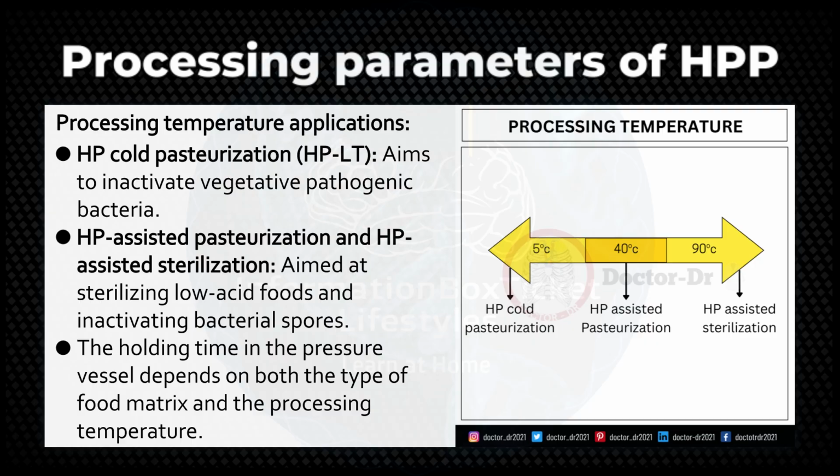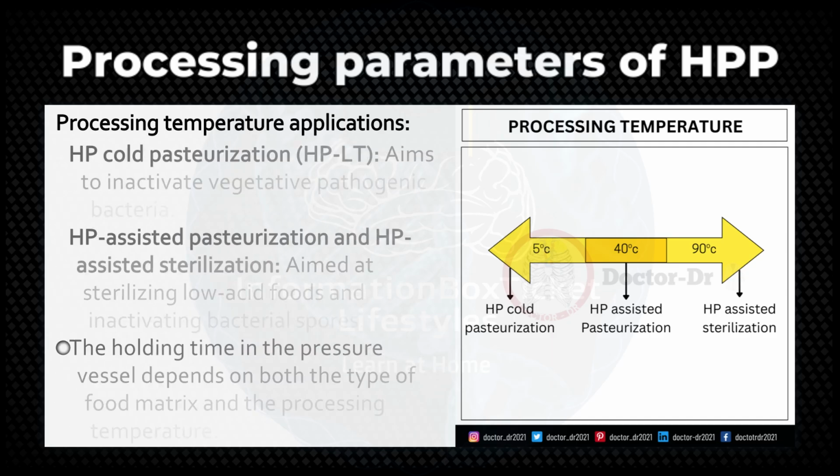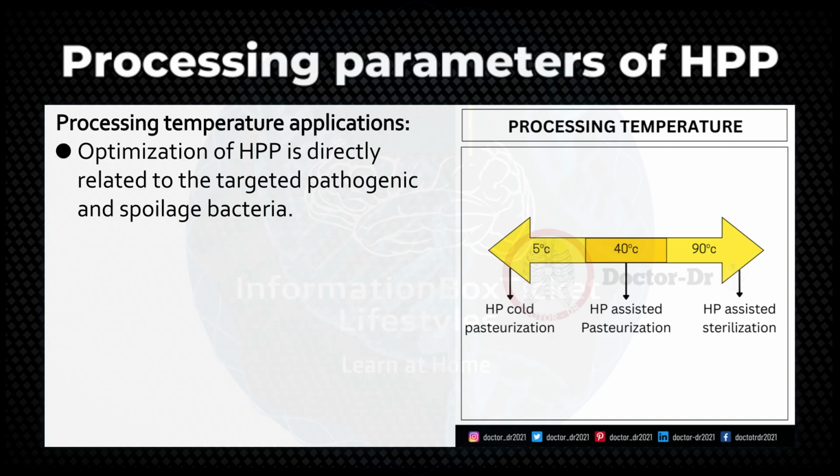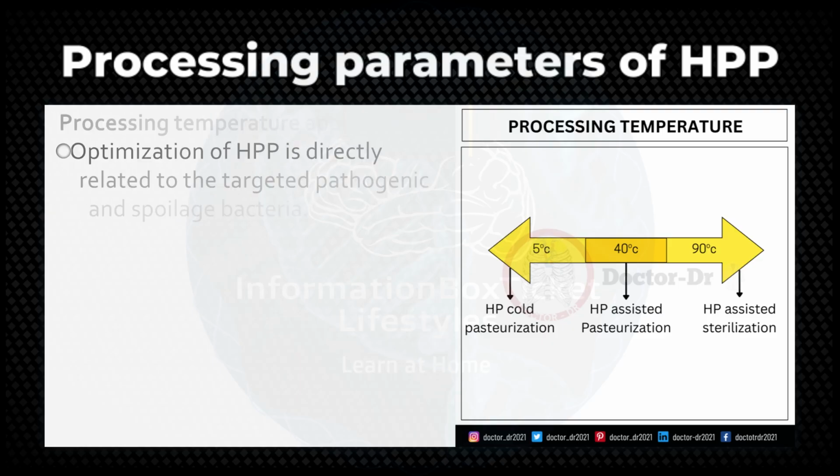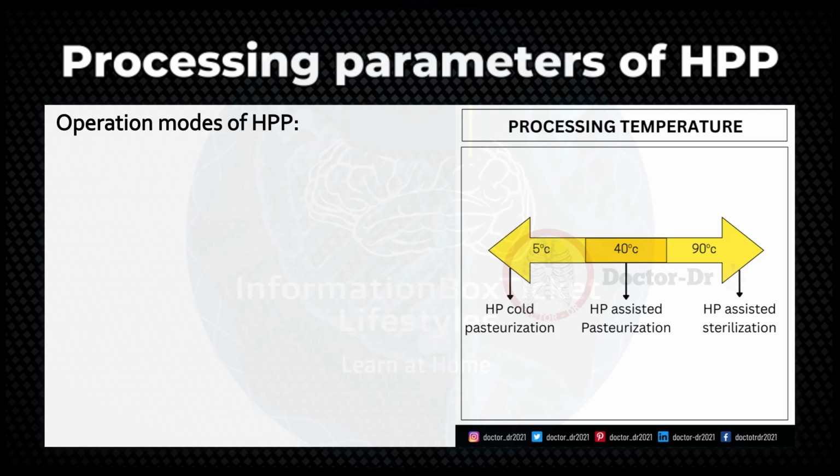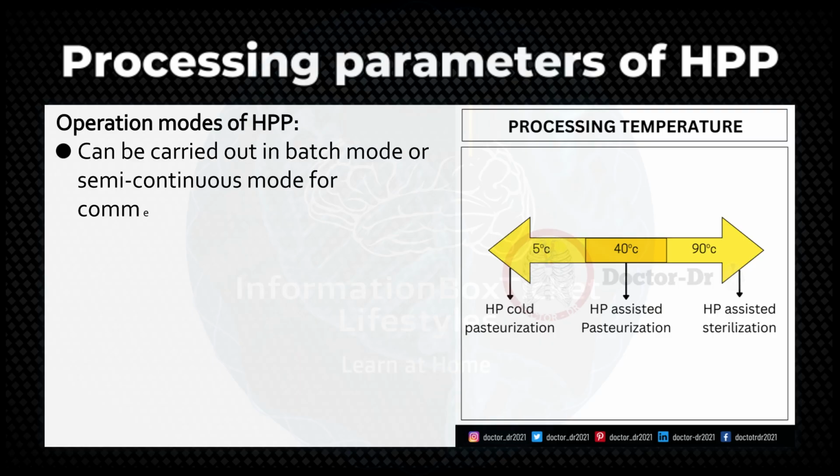The holding time of the pressure vessel depends on both the type of food matrix and the processing temperature. Optimization of high-pressure processing is directly related to the targeted pathogenic and spoilage bacteria. Operation modes of high-pressure processing can be carried out in batch mode or semi-continuous mode for commercial applications.